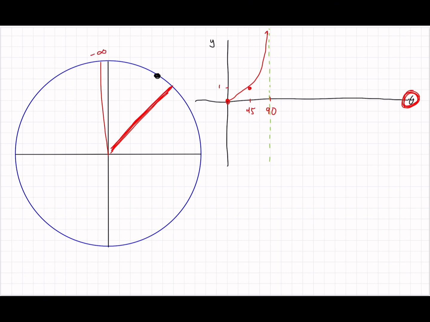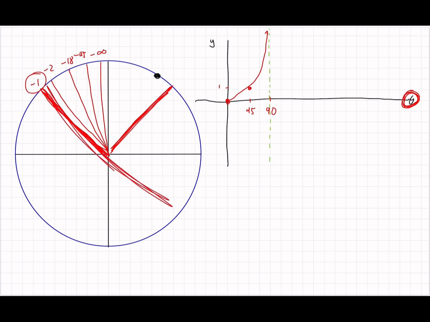But then as theta increases more and more, this gets kind of better. So it goes from like negative 45 to like negative 18 to like, I don't know, negative 2, and then at 135 degrees, it hits negative 1, right? Because that's what the slope of this line is. After 135 degrees, it's like negative 1/2, negative 1/3, and then it goes to 0 again.